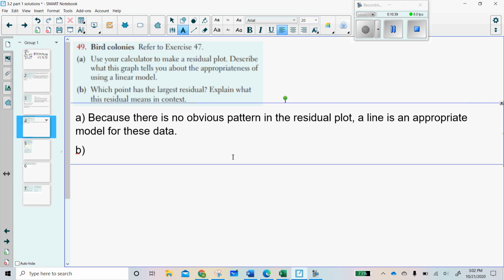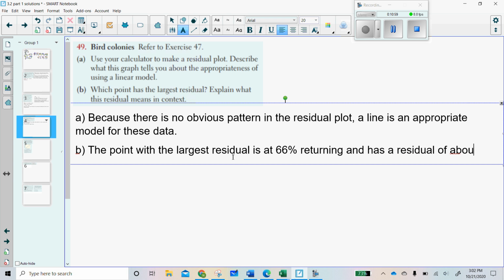And I would say something like, the point with the largest residual, just reframing the question, is at 66% returning and has a residual of about negative 6.